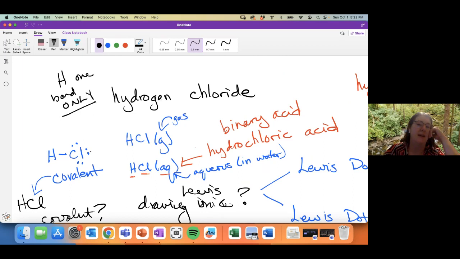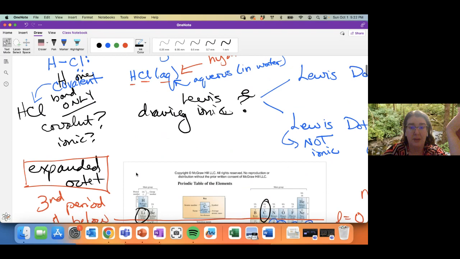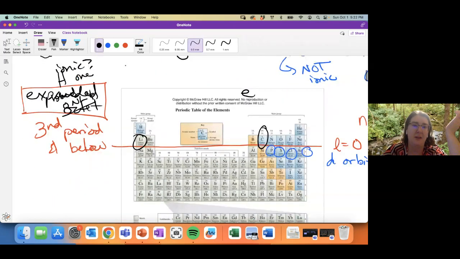And because of that fact, it often acts as if it was a metal. And there's a reason why we stick it over in group 1A with the other alkali metals. So oftentimes we treat hydrogen, and we even name compounds, as if hydrogen was a metal. It's not. Hydrogen's a non-metal. It really is blue here for a reason. I know my Microsoft OneNote's not happy with me. We'll see if I can make it happy.